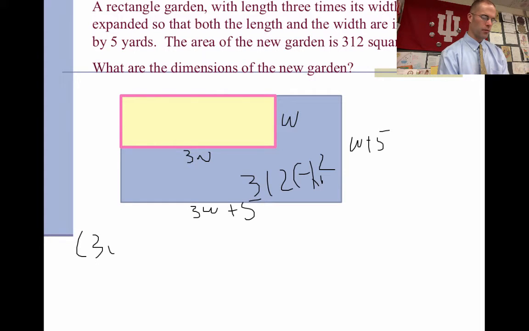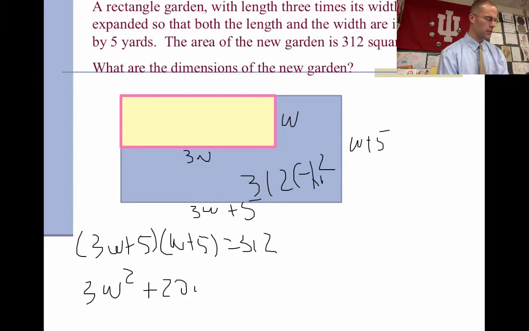So we're going to have 3W plus 5 times W plus 5 equals 312. So here we're going to FOIL. So when we FOIL, this gives me 3W squared plus 20W minus 287, or plus 25, equals 312. Subtract the 312.